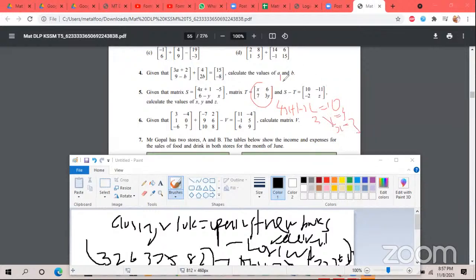Y, what is y? 6 minus y minus 7 equal to -2. -1 minus y equal to -2. So negative y equal to -1, y equal to 1, right? What is z? 3y equal to z. So 3 times 1 equal to z. So z equal to 3, right?